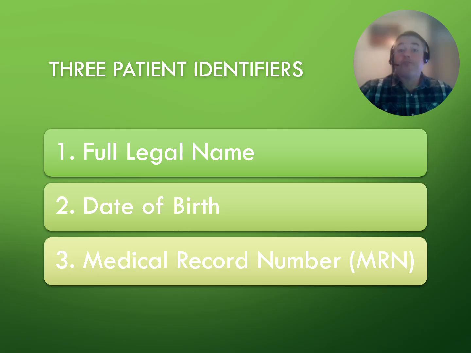The MRN is especially important because it is a unique patient identifier. This will allow the patient to become very singular within our healthcare system. These identifiers should be verified every time a nurse accesses the patient's chart, administers any medication, documents any sort of care, or performs procedures inside of the EHR.